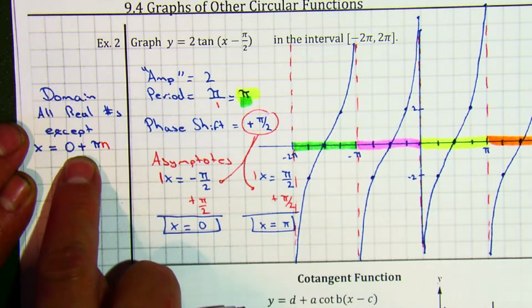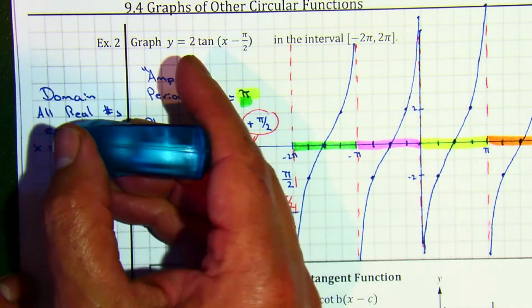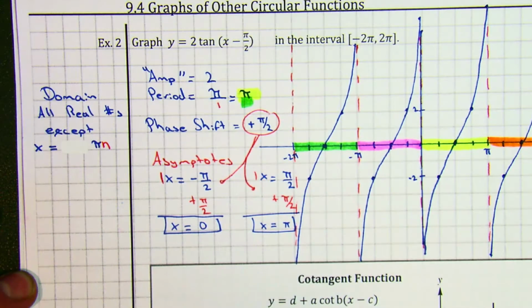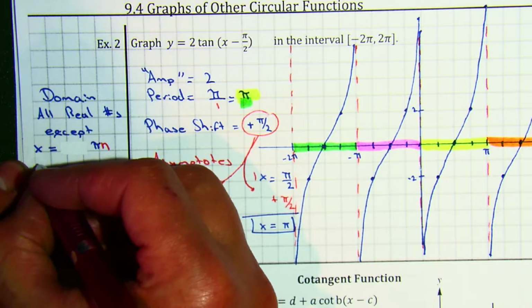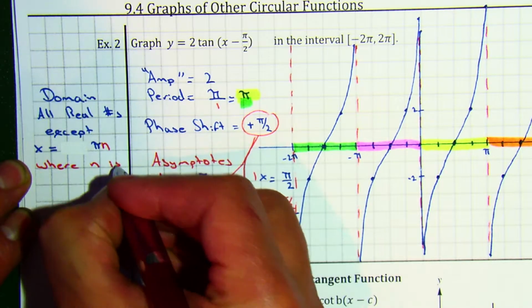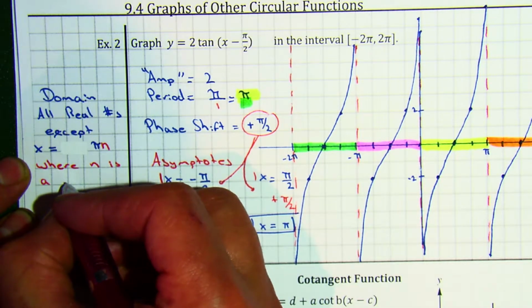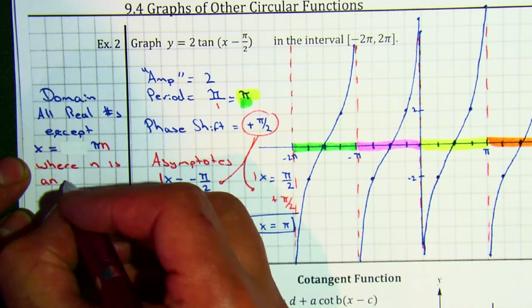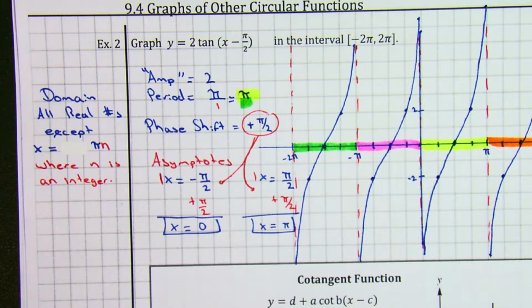Now, when we usually have a 0, we actually don't include the 0. So most of the time you will see it as except when x equals pi n, where n is an integer. It's actually just an integer. I know in the last one I said it was a positive integer, but it can also be a negative integer as well.